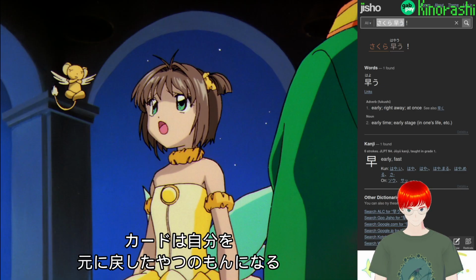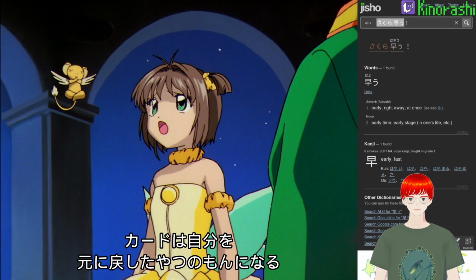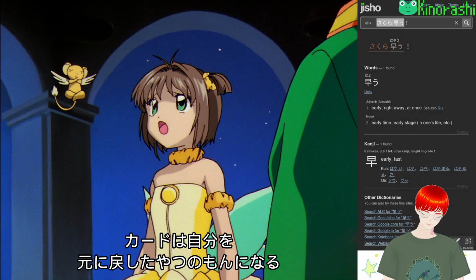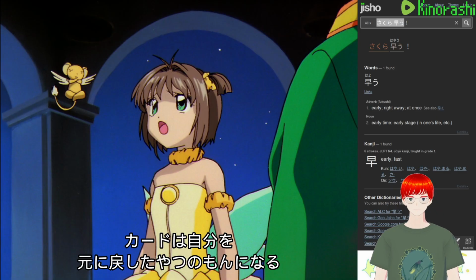So as for the card, return, when itself is returned to the original form, then yatsu, I think they mean person here, so person, yatsu no mon, yatsu no mon ni naru. Becomes the person's thing.